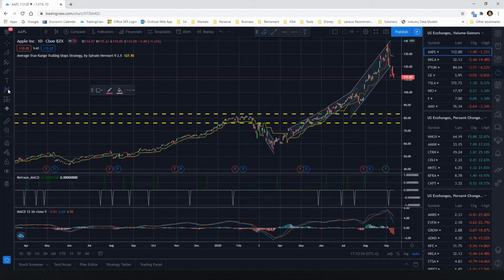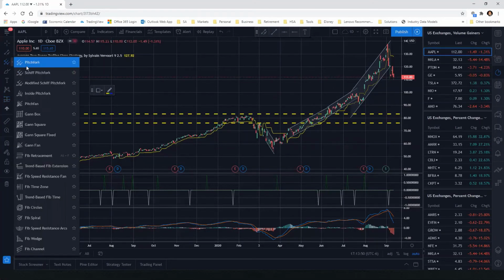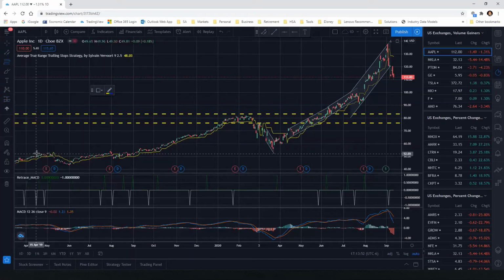Regression. I don't use this platform very much. So, there you go. Fib retracement.